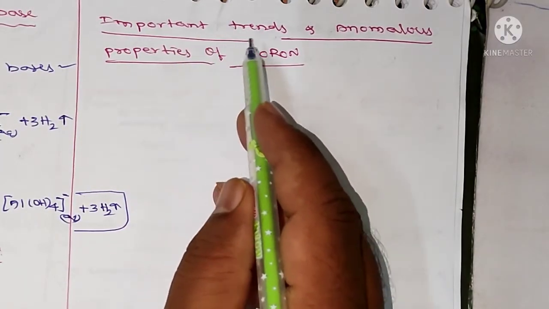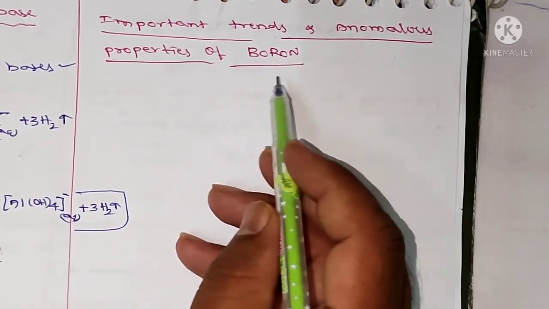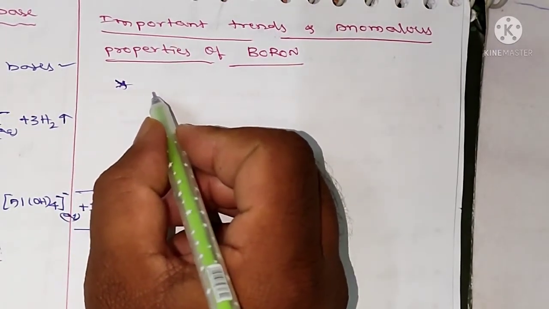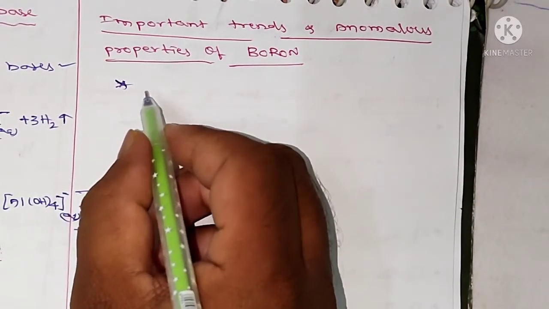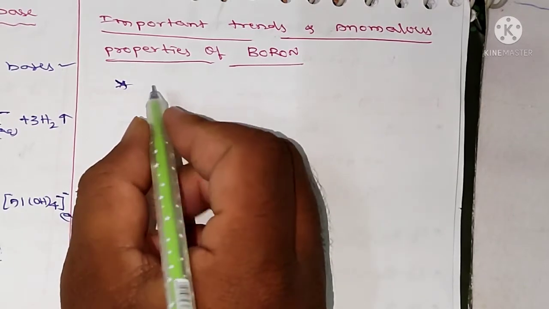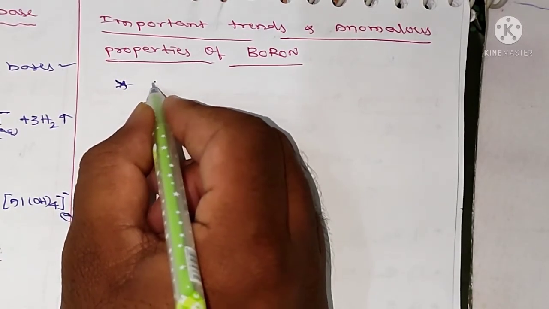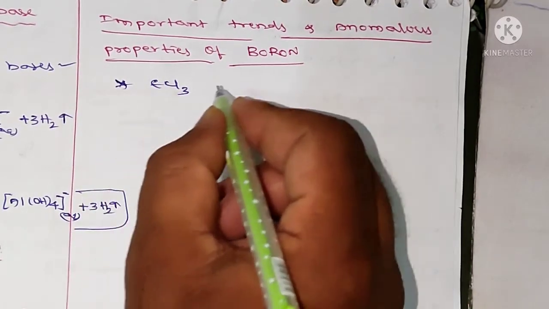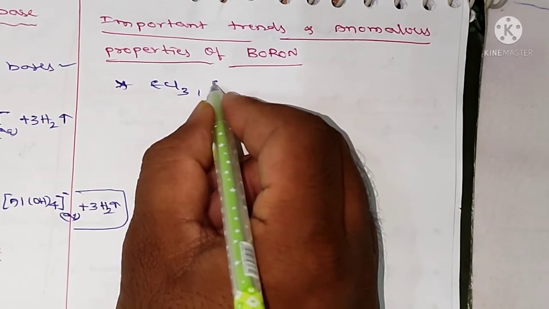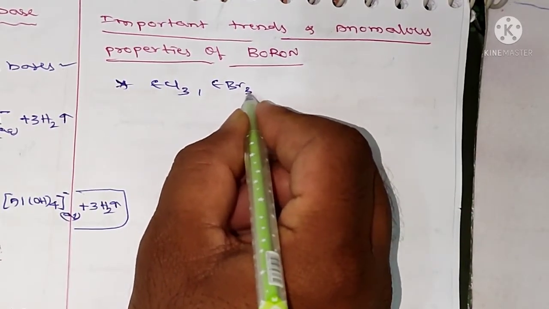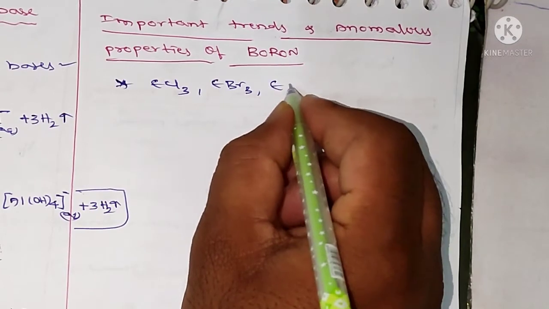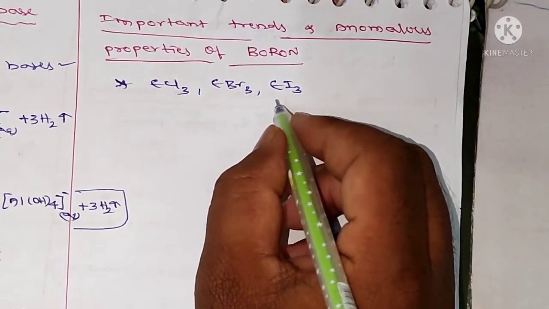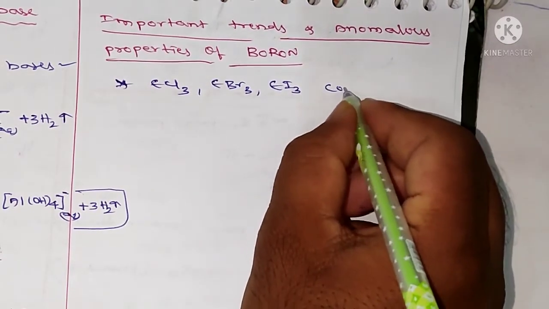Next one, important trends and anomalous properties of boron. The trichlorides, bromides and iodides of 13th group elements are covalent in nature. Trichlorides ECl3, tribromides and triiodides of all 13th group elements are covalent.